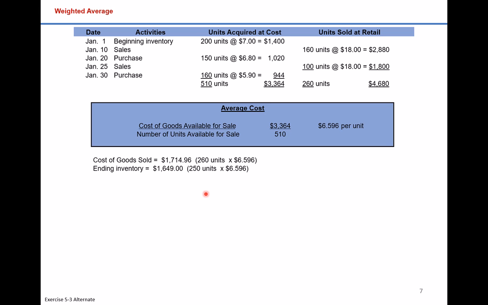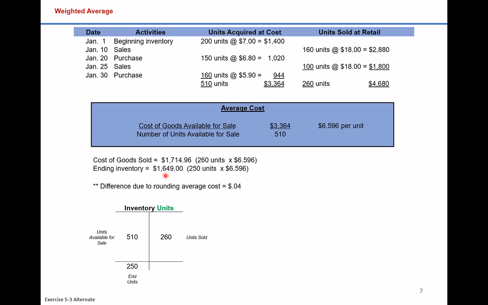Ending inventory, we can calculate that precisely, or we can also just subtract cost of goods sold from cost of goods available for sale. I'll show you that in just a second, but we know that there were 250 left. That times the 6.596 means the ending inventory had to be $1,649. There's a difference because of some rounding issues, but that's pretty near.